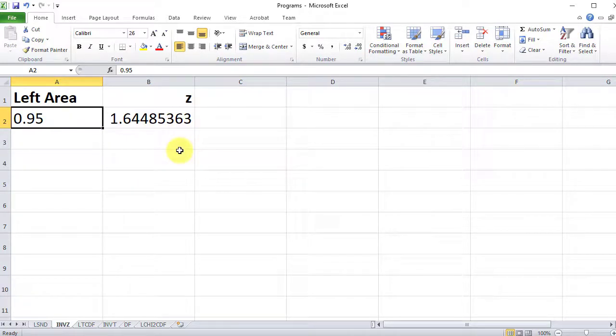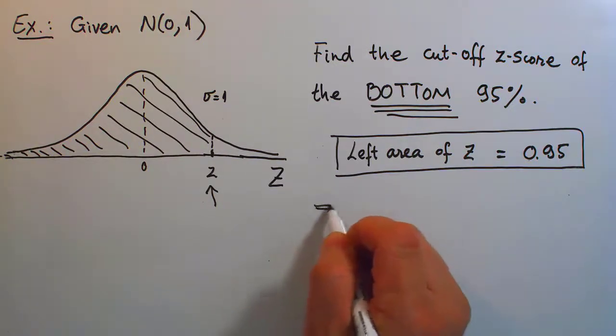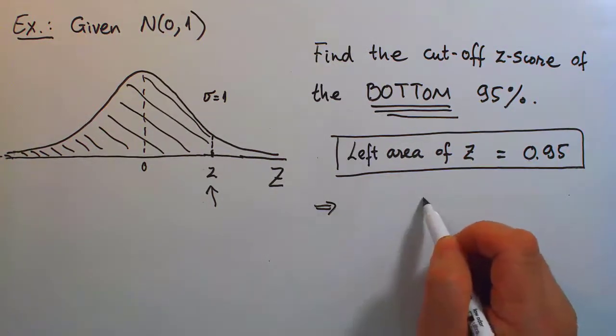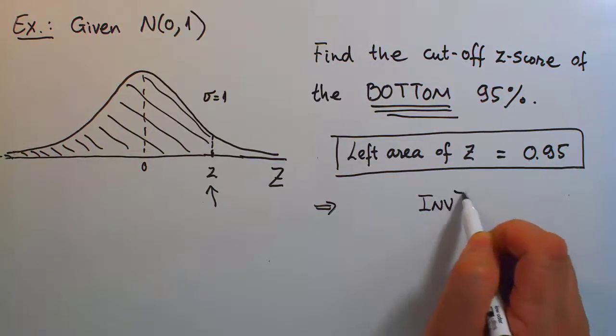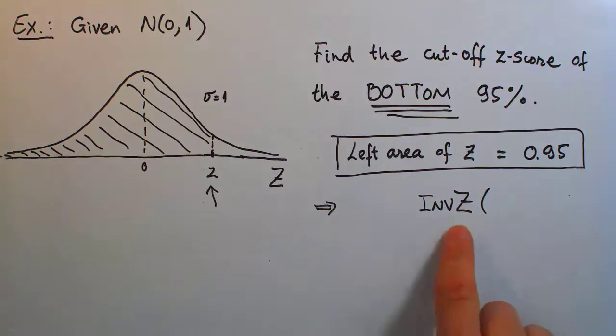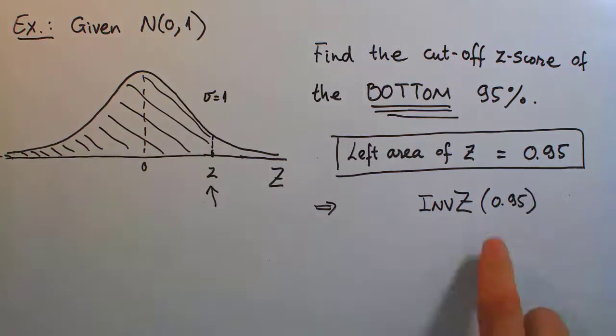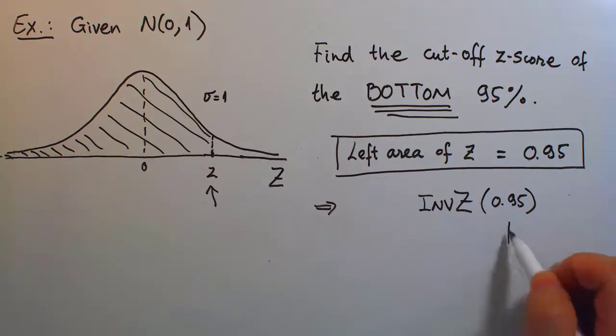Once we run that program, let me simply indicate it. If I'm using my INVZ program, I'm treating that as a function, as a program. I'm taking the given value 0.95 as an area. So area goes here.